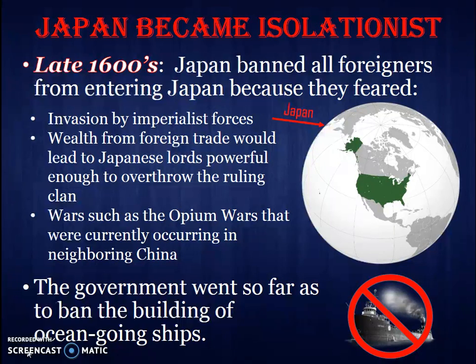And also, they're looking at the examples of other countries. Neighboring China, for example, was involved in the Opium Wars with Britain as a consequence of their trade with that country. So for all of these reasons, Japan tried to avoid interaction with foreign countries. The only two countries that they really had a little bit of an exception for was the Dutch and the Chinese, and they had one specific port where they allowed those two countries to send ships to and from.